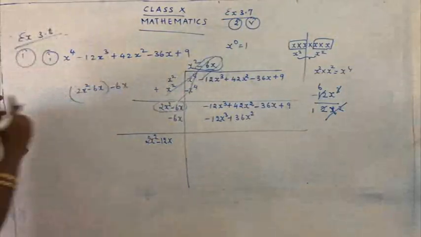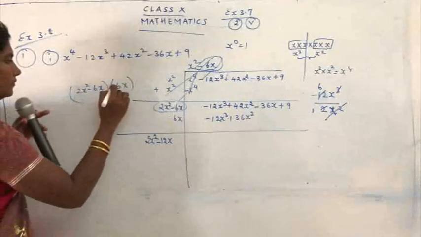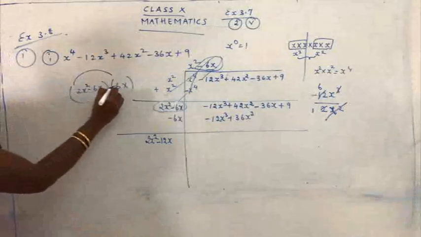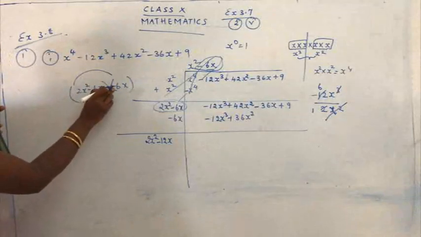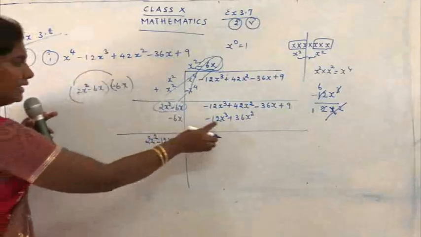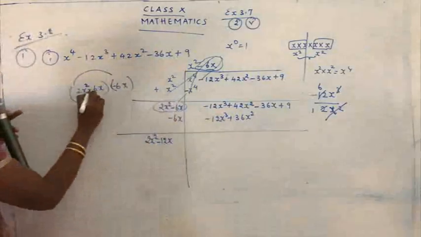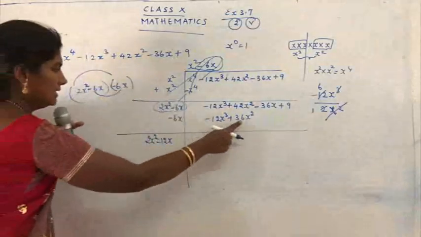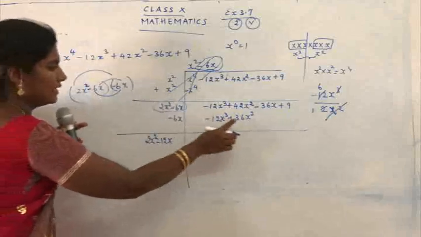See what is the answer you get? 2x square into minus 6x. 2 into 6 is 12, and one minus is there, so minus 12. X square into x, x cube. Okay, done. Minus minus plus, 6 6s are 36. X into x, x square.